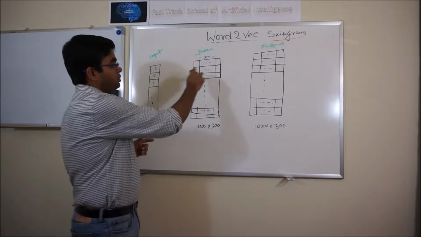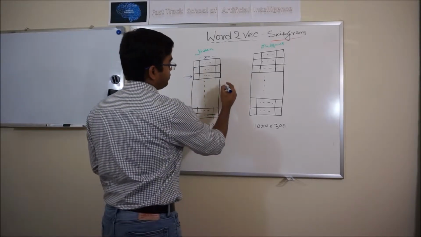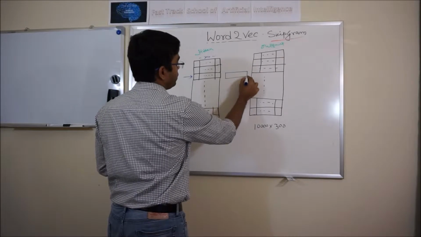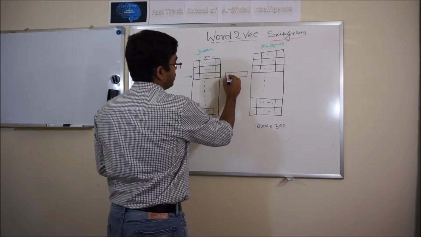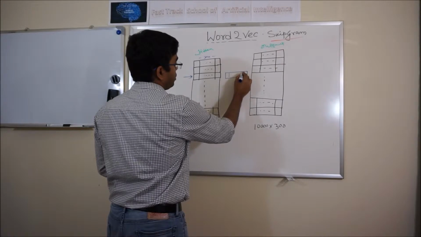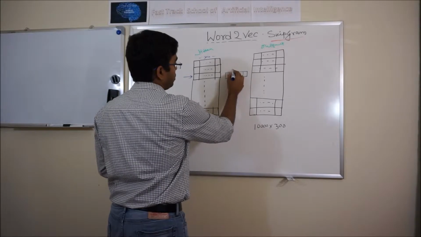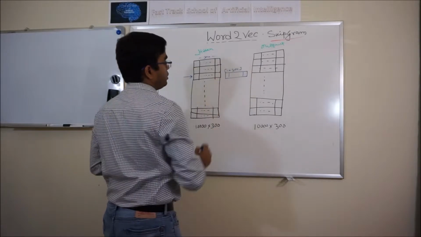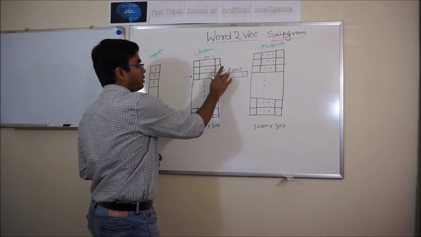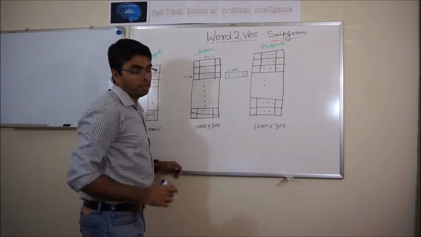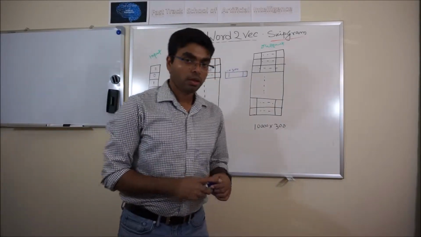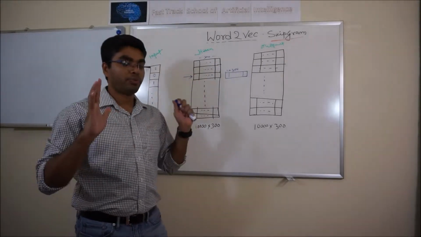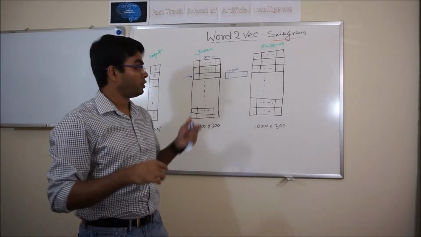So at the end of this you are going to have one row which will contain 300 columns. That is in fact the vector representation of the target word.